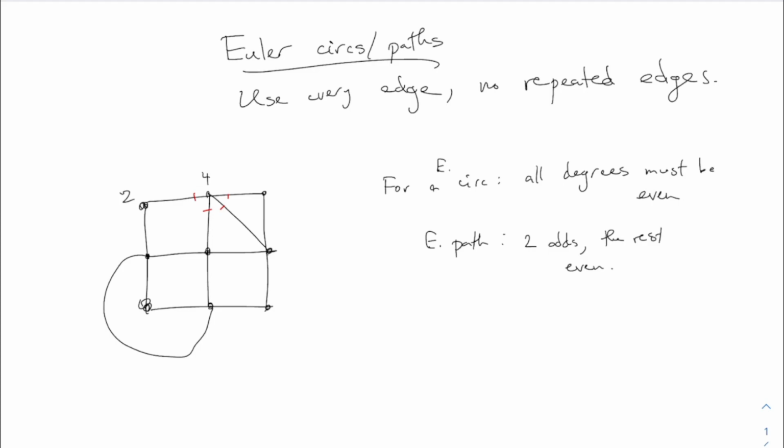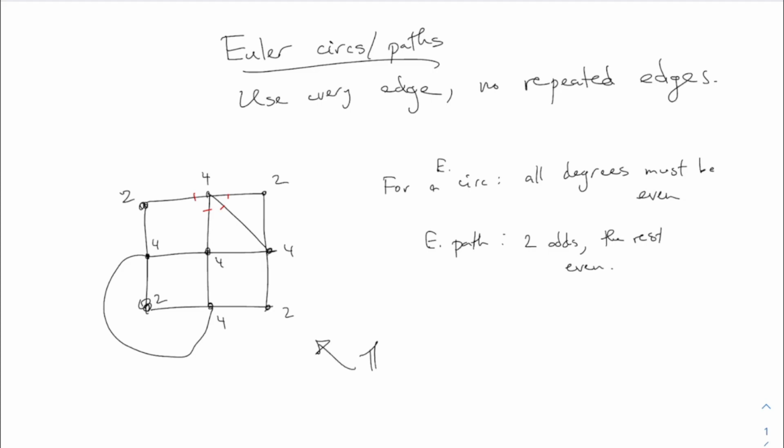The one in the upper corner there is a 2. That's a 2. This is a 4. That's a 2. Once you get used to it, you can do these pretty quick, I think. That's a 4. That's a 4. That's a 4. That's a 2. All right? I hope that I did all of those properly. And so they are all even in this example, which means this one does have an Euler circuit.